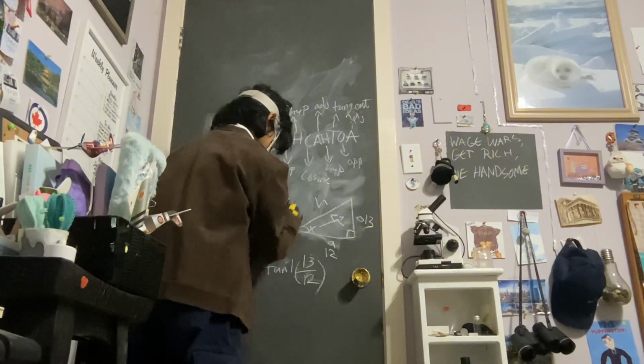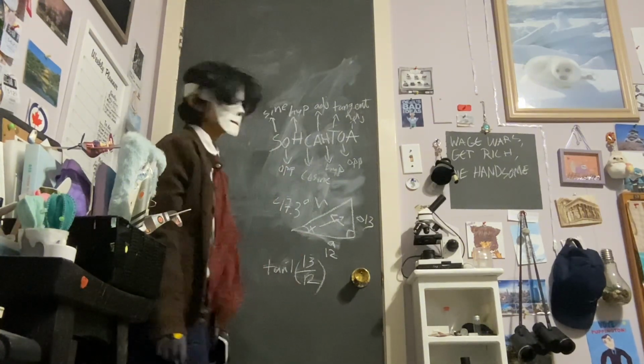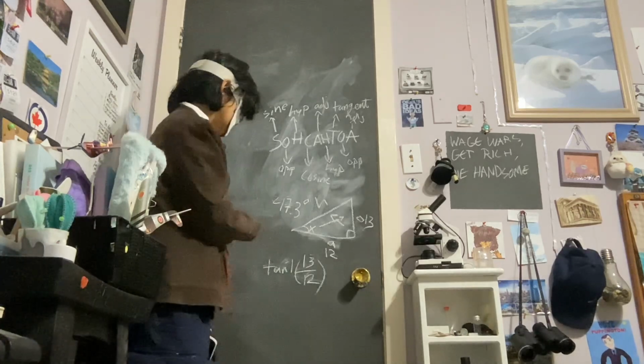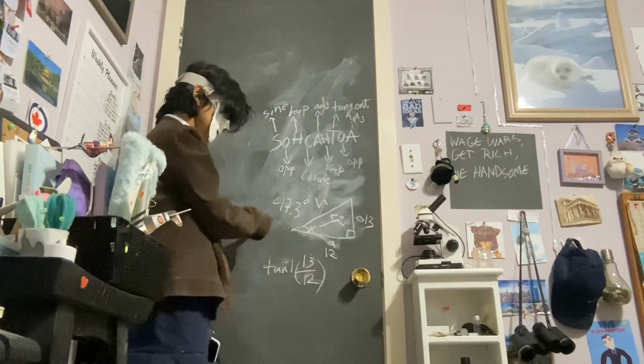So looky here. It is 47.30, so we round it right there. So this angle is 47.3 degrees. Cool, huh? And using this method, you can solve the entire triangle.